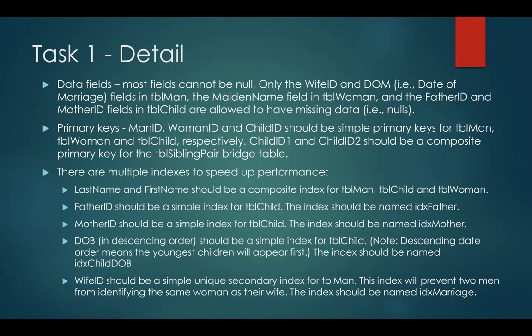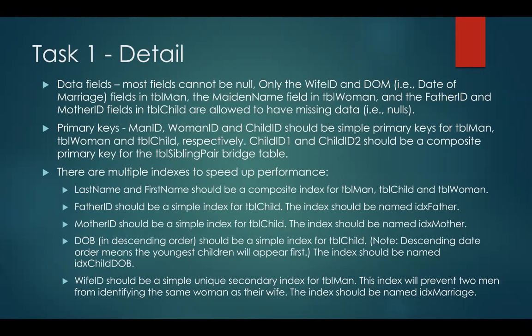The primary keys, man ID, woman ID, and child ID are just simple primary keys for the man, woman, and child tables respectively. Child 1 and child 2 are a composite primary key for the sibling pair table. There will be multiple indexes as well. There's an index for the last name and first name, which is the composite index for man, child, and woman.